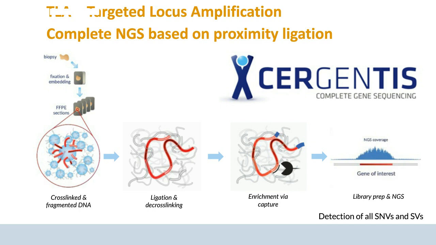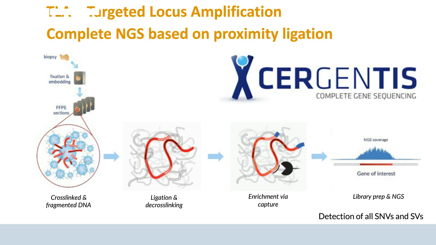That fragmented DNA, you try to ligate as much as possible together. Because of this ligation, your fragments now get much bigger, with pieces that are in the physical vicinity of your original capture region. After the ligation, you do an enrichment of those regions with a capture probe, the very same capture probes from Roche as we used before.